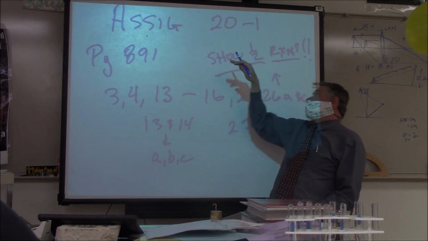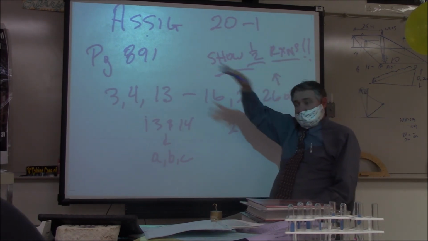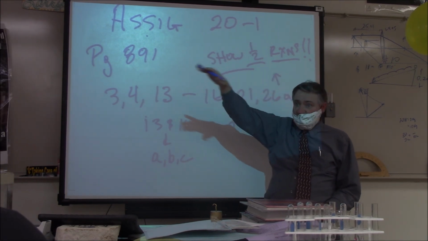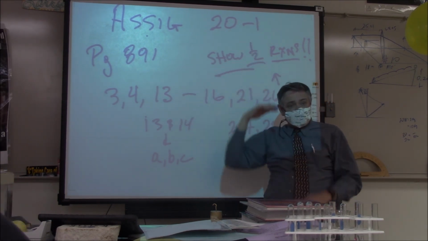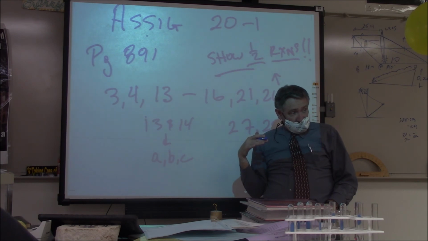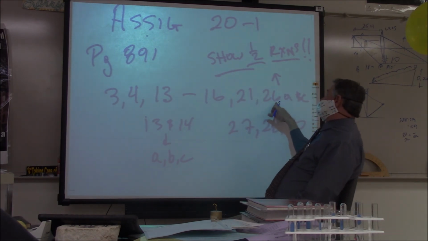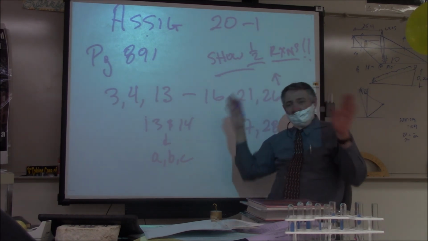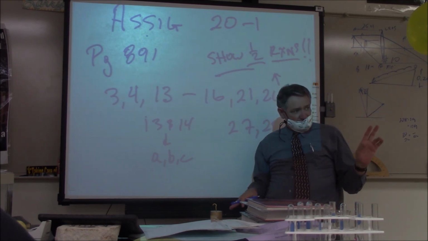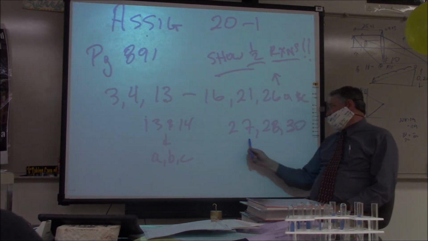I want to see the reduction half reaction, the oxidation half reaction, and then everything canceled out. Again, just do 26, A and C. Don't do the whole thing. And then 27, 28, 30.